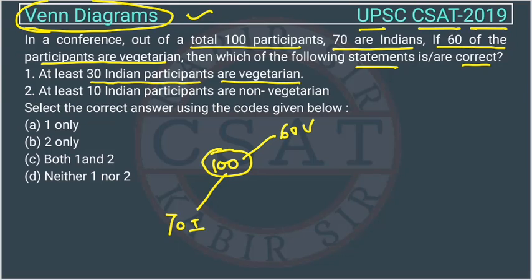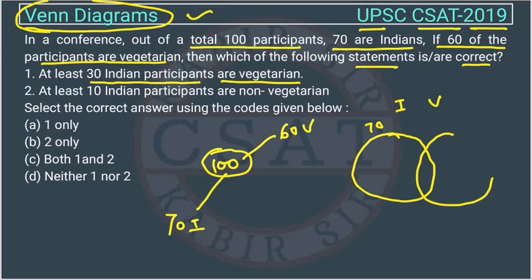So we will draw a Venn diagram of Indian and vegetarian. So Indians are a total of 70, right? And the vegetarians are a total of 60. So this circle is representing vegetarians and this circle is representing Indians, right?